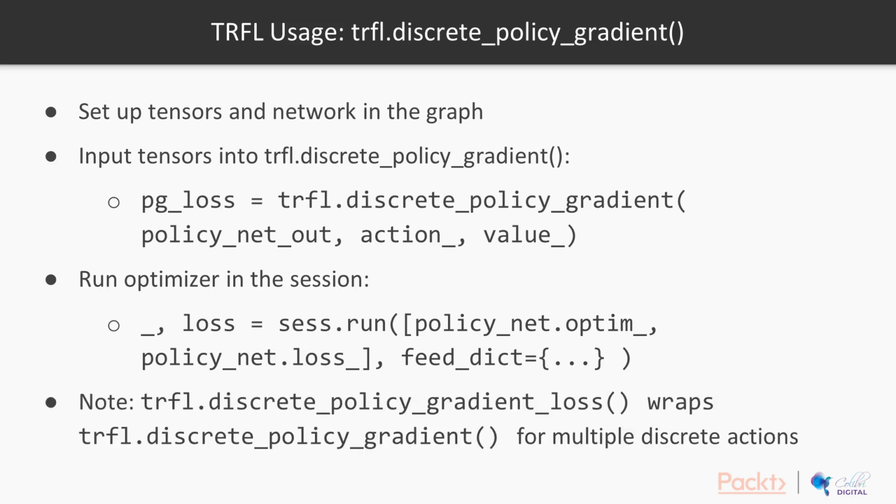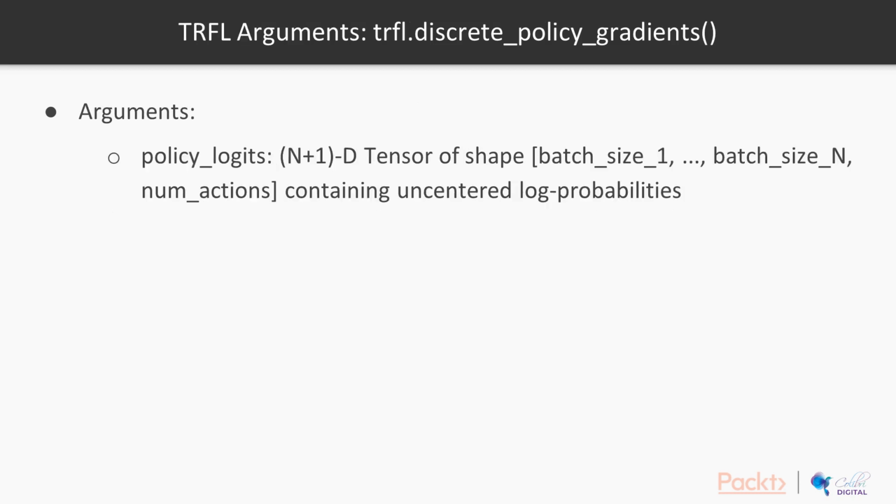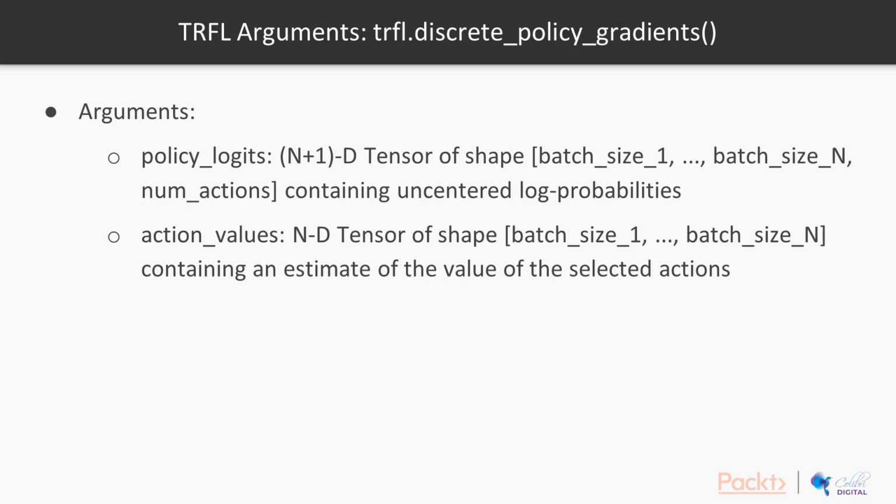TRFL also has the function TRFL.discrete_policy_gradient_loss, which wraps discrete policy gradient, allowing the input to be multiple discrete actions. Policy logits is the output of the policy network as mentioned in the last slide. The action values depend on the type of policy gradient method used. This value can be a value function estimate or, as in our REINFORCE case, the discounted reward trajectory.